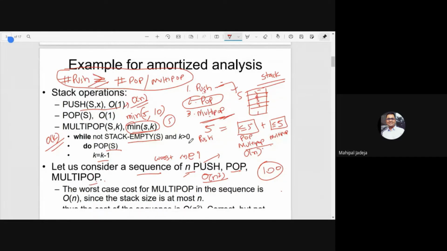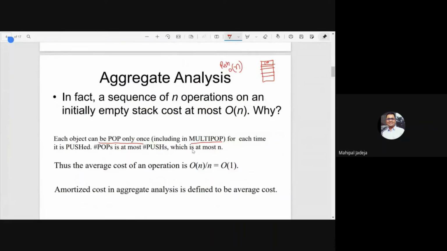So therefore, what can I say here? With respect to n push operations, order of n amount of work is required, and now you have n elements and each element can be removed exactly once. Either you can use pop or multi-pop, each operation will take the same amount of effort, which is order of 1.